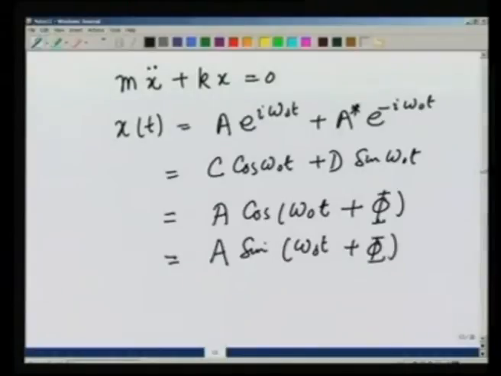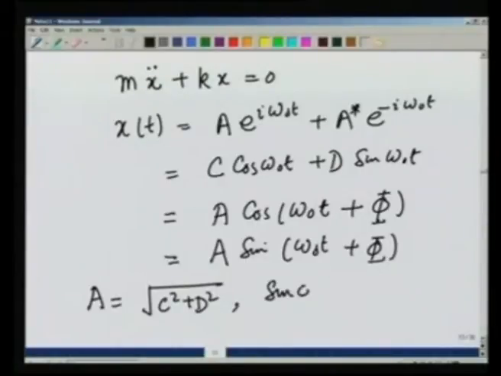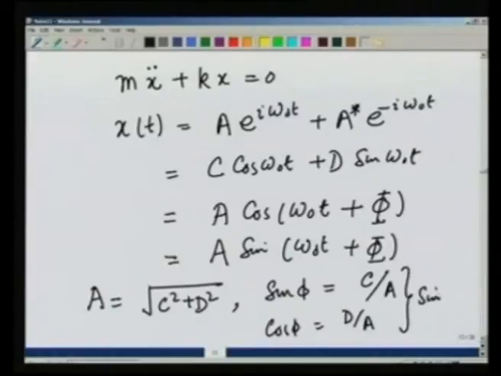It's our choice how we want to represent the solution, where A is going to be, in this case, square root of C square plus D square, and depending on whether I write it as cosine of omega_0 t plus phi or sine of omega_0 t plus phi, the sine of phi is going to be C over A, and cosine of phi equals D over A in the case when I write this as sine of omega_0 t plus phi.